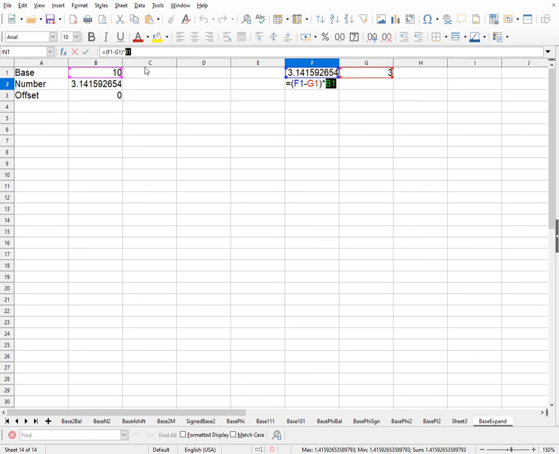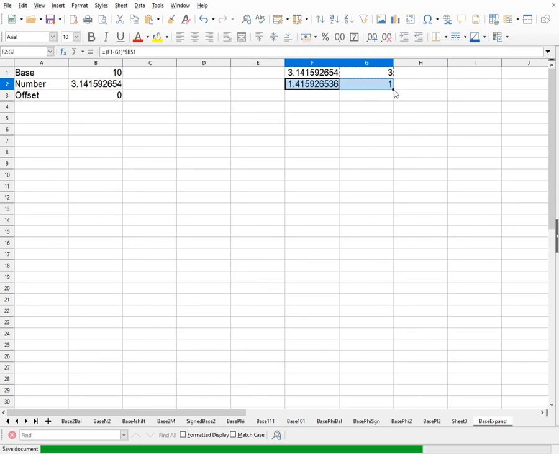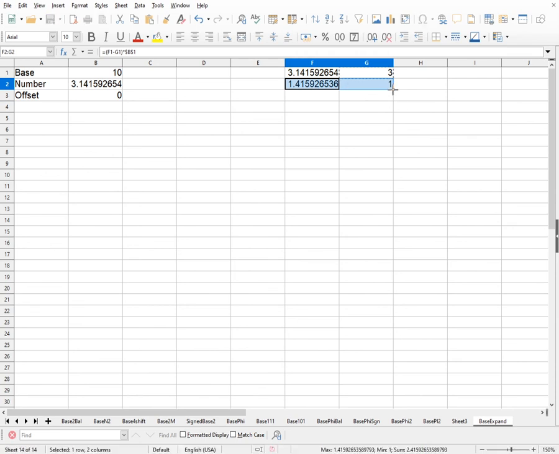Oops, dollar signs. There we go. What that will do is make sure that that cell stays put when I copy this formula around, because I always want to divide by the base, or multiply by the base, not by something else. The formula I can copy, and that gives me the 1. And now to get the rest of the digits, I just expand this down.